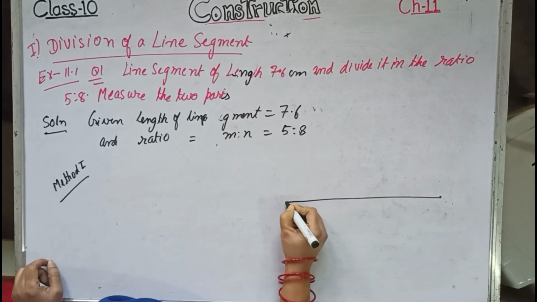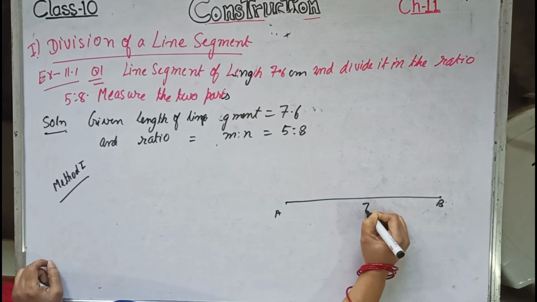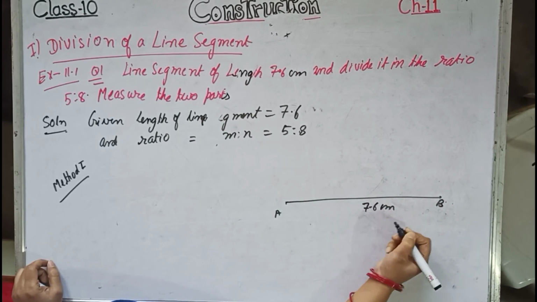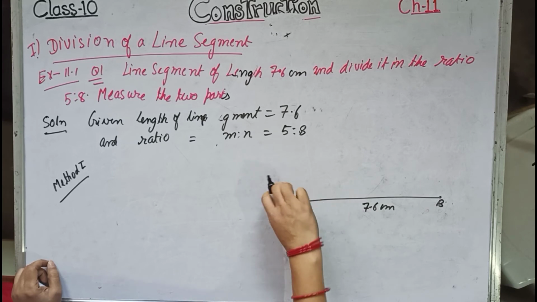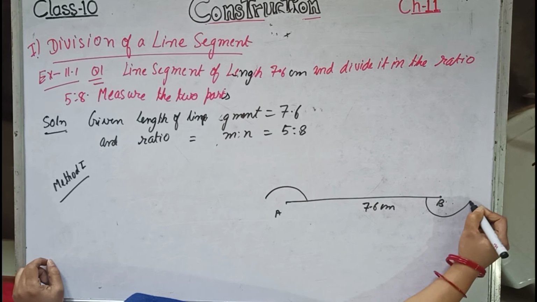Suppose this is the line segment AB of length 7.6 centimeters. Use a scale to draw it. Now putting the tip of the compass at A, make an arc. Again putting the tip of the compass at B, make an arc.